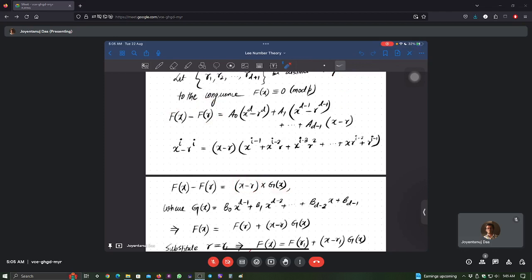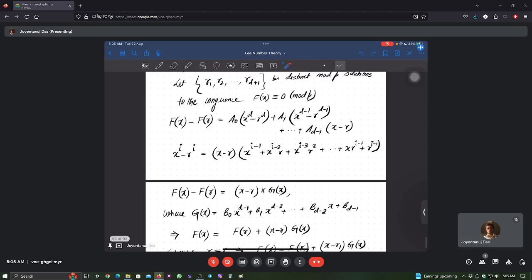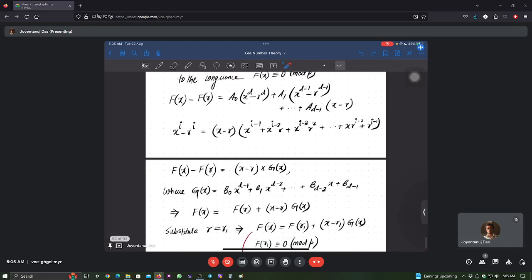Okay. Right. So now what is the degree of g(x)? g(x) is one degree less than that of f(x), because I have taken out x minus r, right? So g(x) is some b0 x^(d-1), b1 x^(d-2), up to b(d-1). Okay.